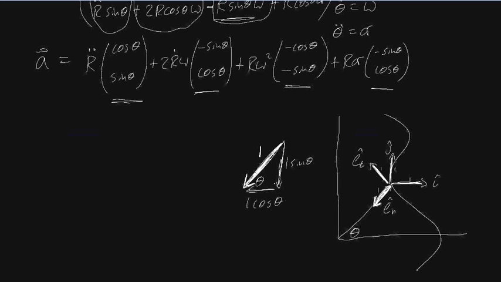But notice that this is heading down, and this is heading to the left, right? Meaning that it will be negative cosine theta times the I unit vector plus negative sine theta times the j unit vector. So let me write that down. EN is going to be equal to negative cosine theta and negative sine theta, right? Okay, I hope that makes sense.